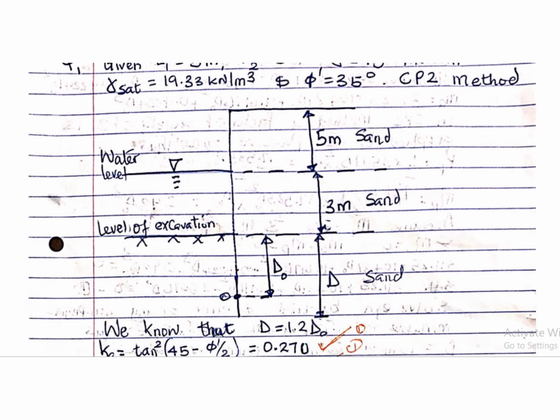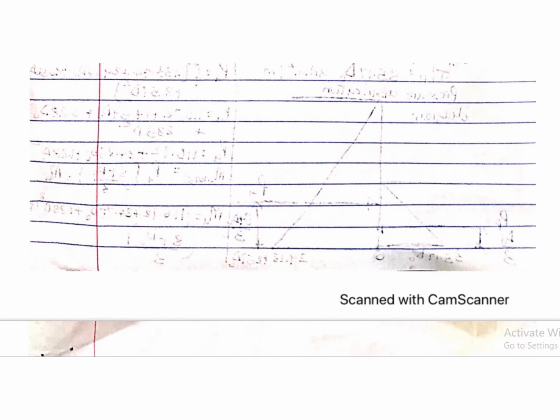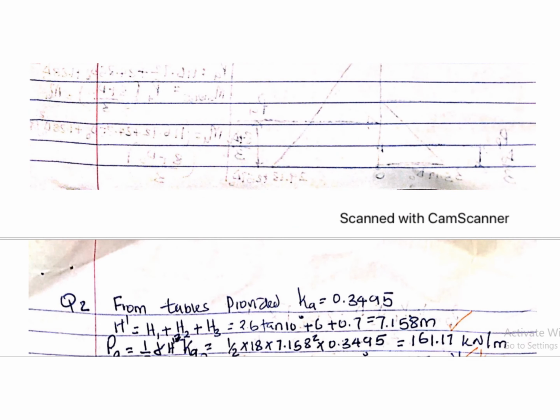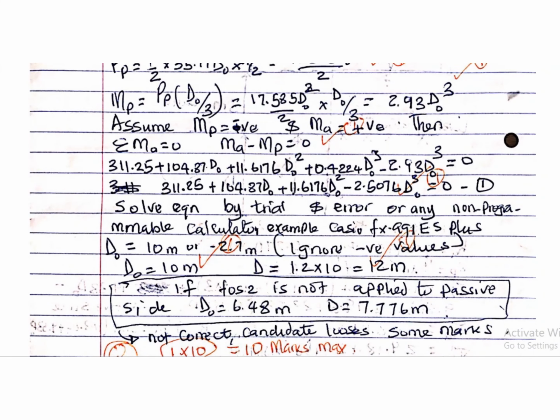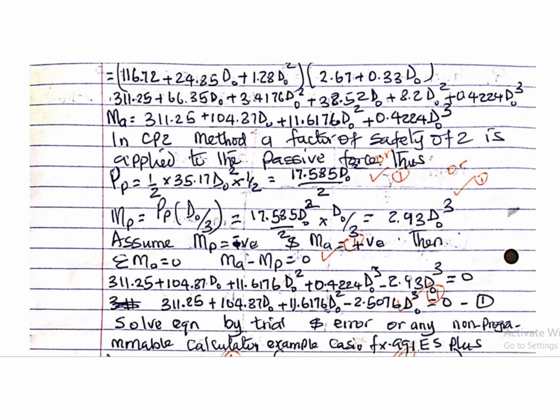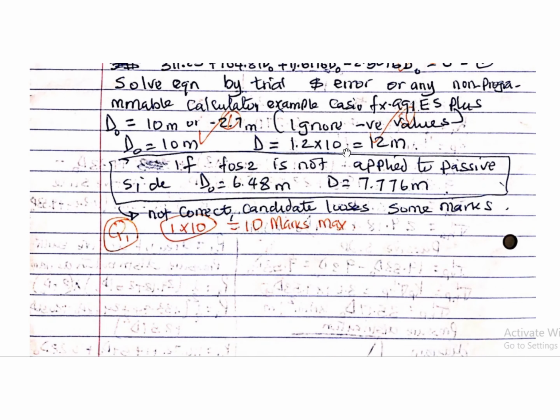So the calculation is done based on the three assumptions because the question was not clear. Otherwise, if the question is clear on whether you can ignore or include the passive resistance, then you have to do what the question says. So we do this just to be as fair and as inclusive as possible.